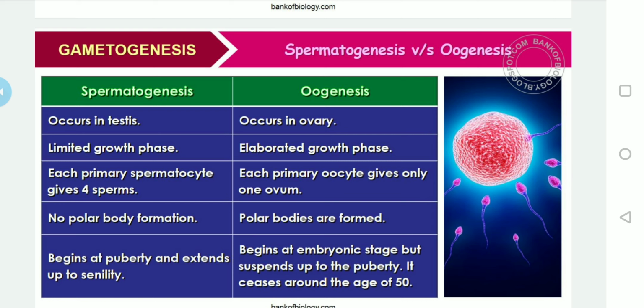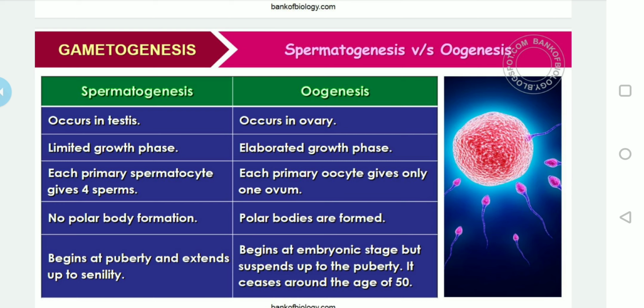For example, what is spermatogenesis? It occurs in the seminiferous tubules of the testes, isn't it? And what about oogenesis? It occurs in the follicle of the ovary. Now, do you remember?